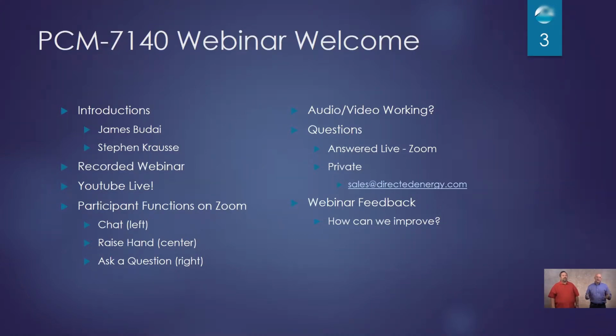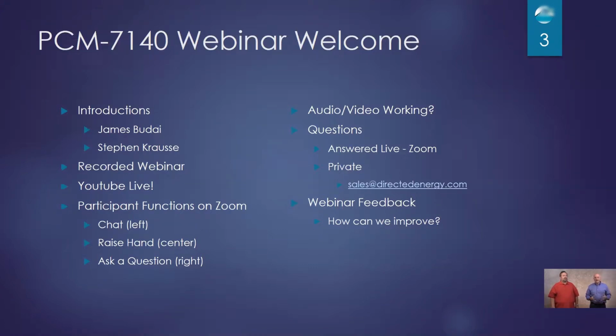That lets us know that you need some attention, that there's something that's not working, and then you can send us a chat and let us know what's going on. And then finally, there's an ask a question on the right side of that toolbar. And those questions will be going into a pool of questions that we'll answer during the Q&A session. So kind of use the chat session for something that really needs to be addressed right away.